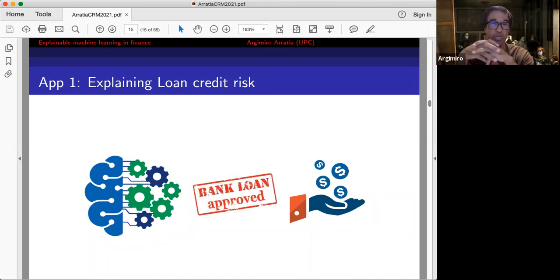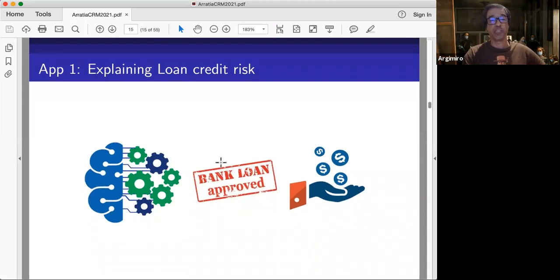Now we've got the tools, and we're going to explain the problem of loan credit risk. We get some characteristics of the client: his income, the assets that he or she has, if he's married or not, and so on. And then the bank decides to give him money, giving a credit to buy a house or a car.